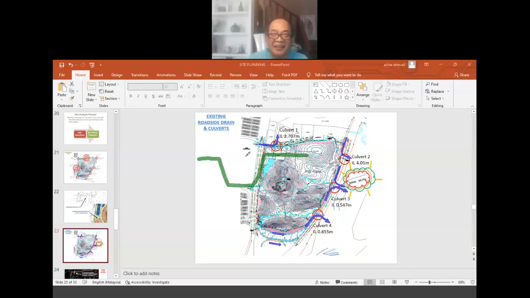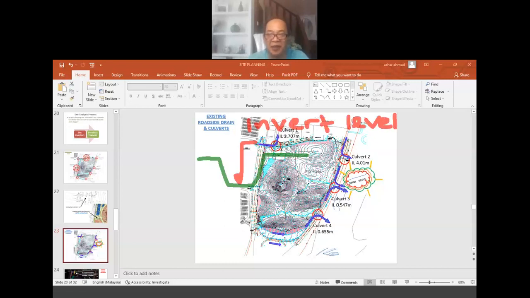So invert level ni is referring kepada paling bawah sekali ni. This level. Invert level ni di paling bawah, the lowest level dalam drain tu. Ini yang kita namakan sebagai invert level. INVERT. Invert level. LEVEL.